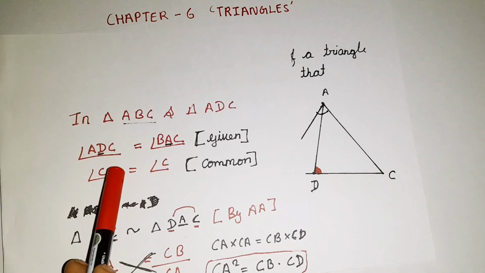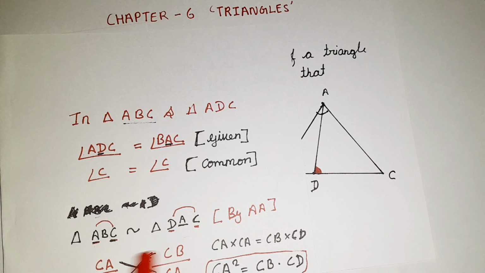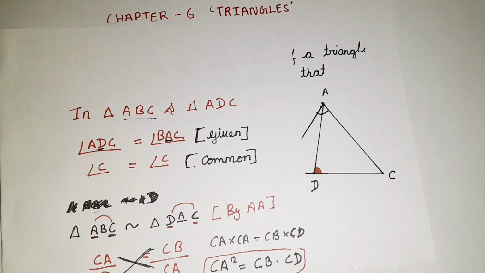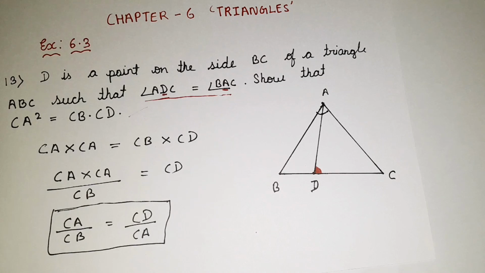If you do these things correct, and at the last if you write the answer wrong, while proving similarity, they won't even give a mark. So be careful right over here. Alright guys, so now finally we solved this 13th question.